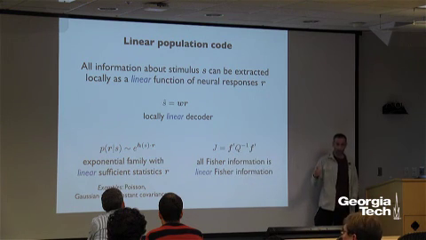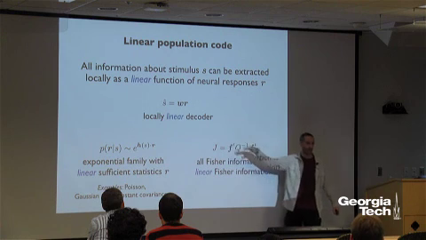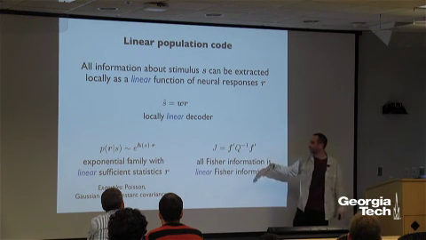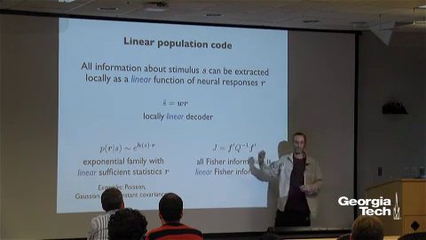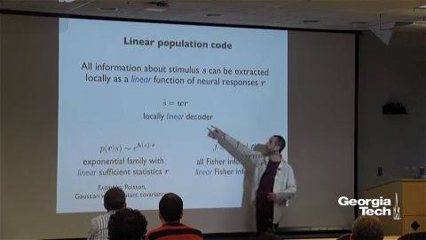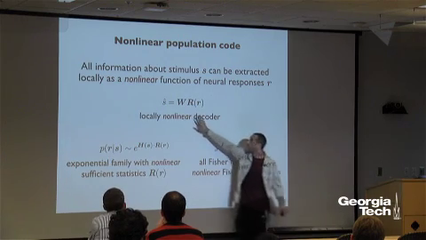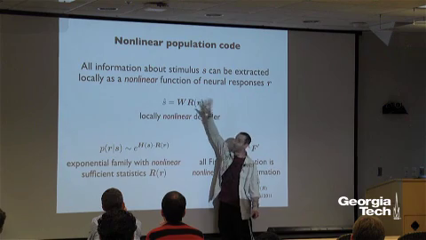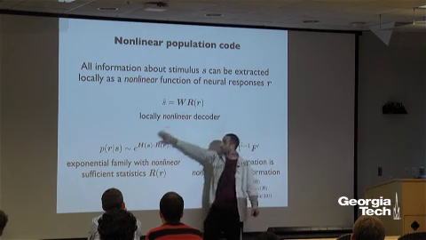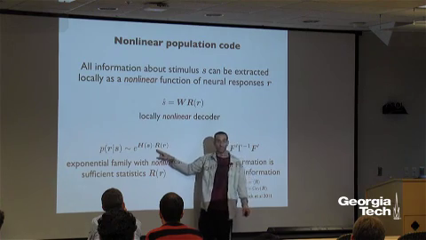Okay, make sense? There's a lot of math behind this, but I want to give you a general flavor. Now we're going to change this to nonlinear population codes. And the only thing that happens is that little r is going to go to big R. Everything else is the same. So now, in order to estimate the stimulus, you have to linearly read out the sufficient statistics big R under the condition that your exponential family has these big R sufficient statistics.